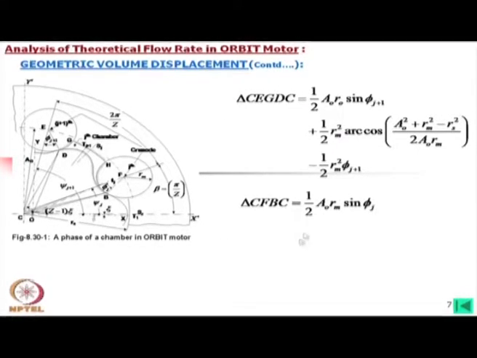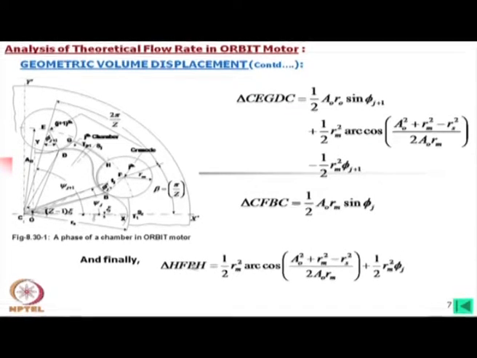Now, next we will consider CFBC. This is simply half into A 0 R m by sin phi j. These angles are called leaning angle that can be calculated for rotation of this shaft, which I have discussed in the last lecture.